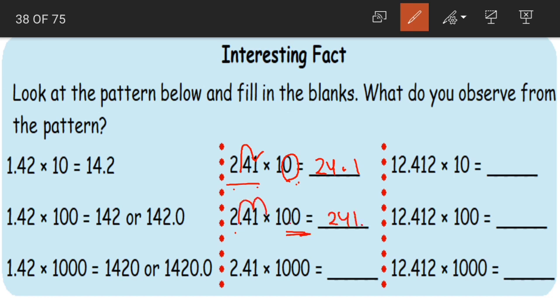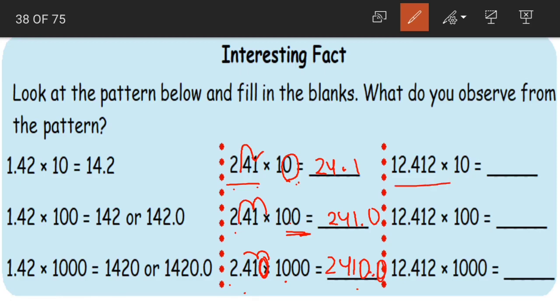So it would be 241 or 241.0. Next we have 2.41 into 1000. Again we have to move 3 places, but there is no third digit, so we'll keep a 0. 2410 is our answer here. Or if you want to keep a point, you can keep 0.0.